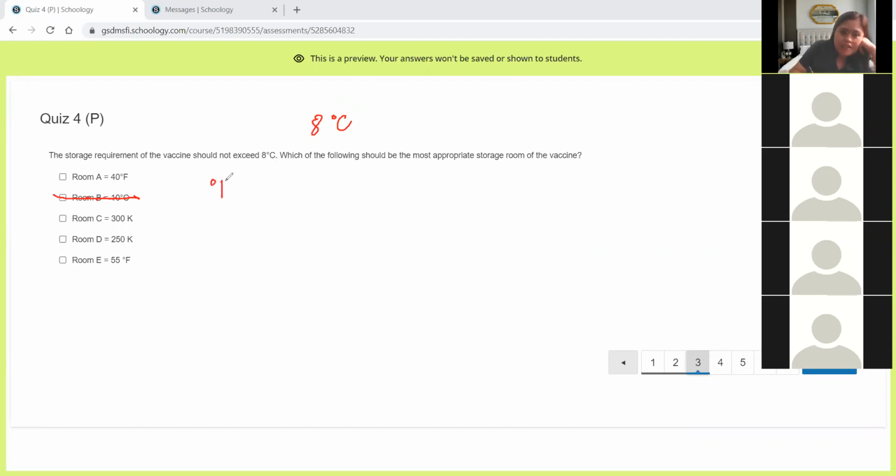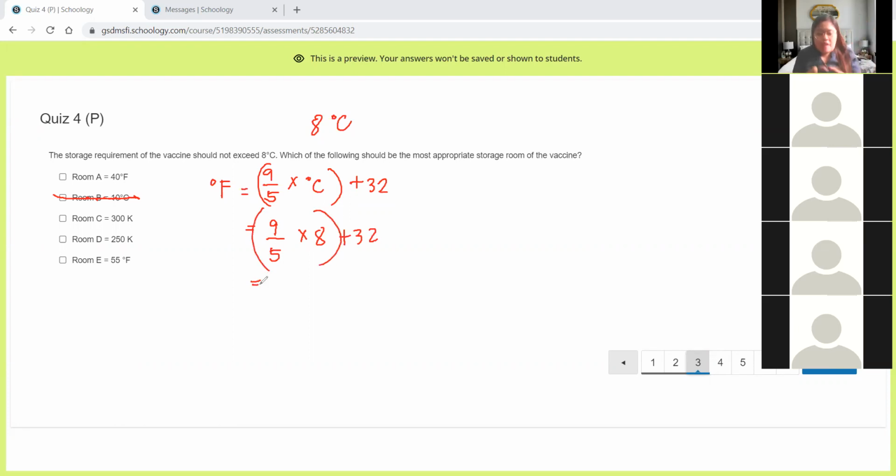So to convert this to Fahrenheit, our formula again is 9/5 times degrees Celsius plus 32. This is 9/5 times 8 plus 32. So this is 9 divided by 5 is 1.8 times 8.